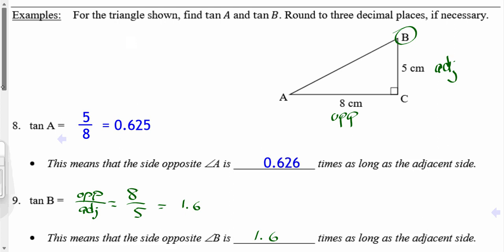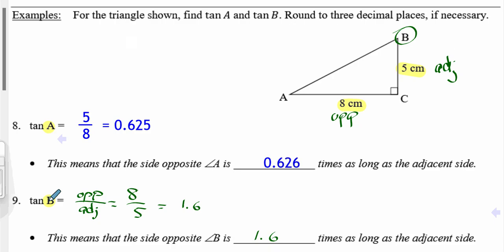Then we got onto this page. And on this page, we just looked at the sides and calculated the ratio of opposite over adjacent. And depending on whether we were looking at angle A or angle B, the opposite and adjacent switched. Okay, so those sides are named relative to the angle.